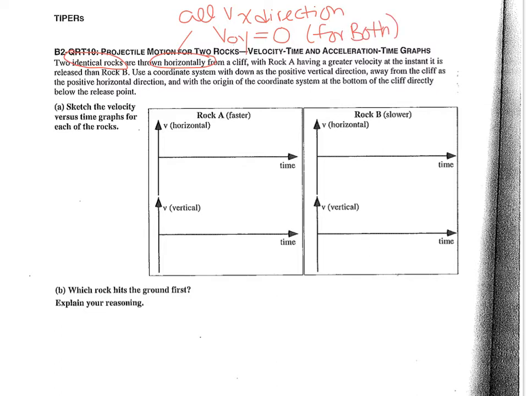With rock A having a greater velocity at the instant it is released than rock B. So the instant it is released tells me I'm talking about initial velocity. So initial velocity in the x direction for rock A is greater than the initial velocity in the x direction for rock B.